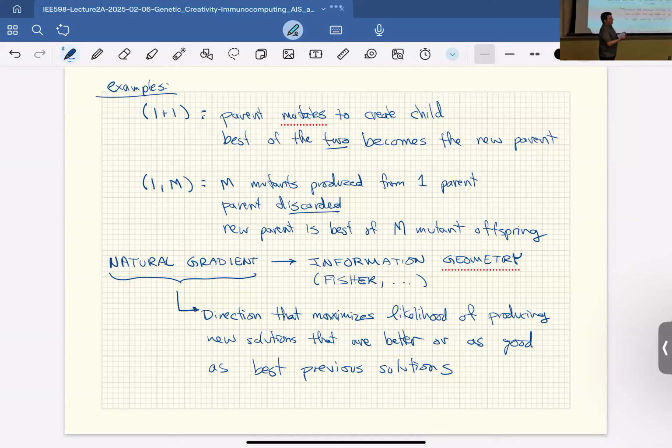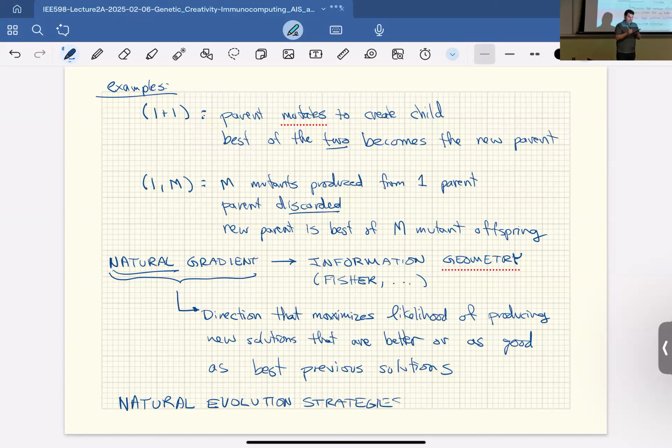So, I don't want to go into too many details here, but I bring this term up because this use of the natural gradient combined with evolution strategies created this whole set of so-called natural evolution strategies, or NES.